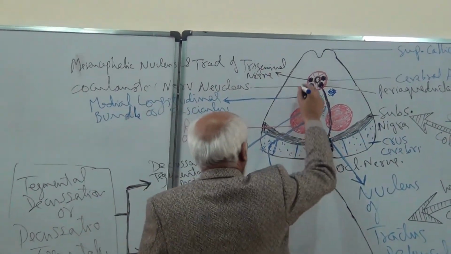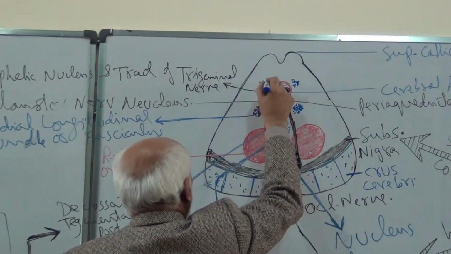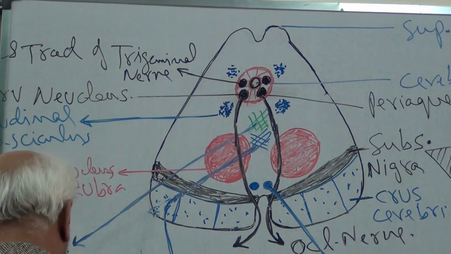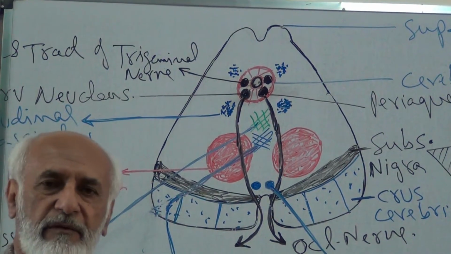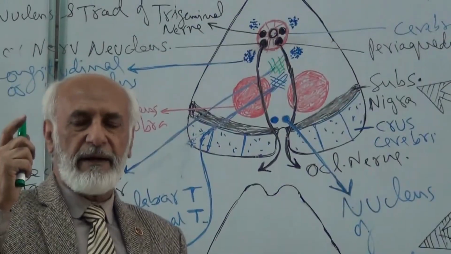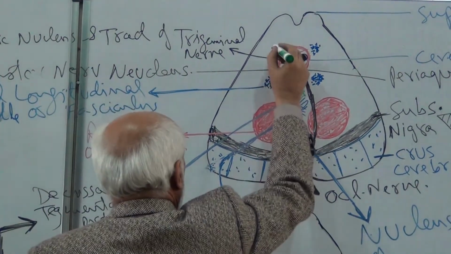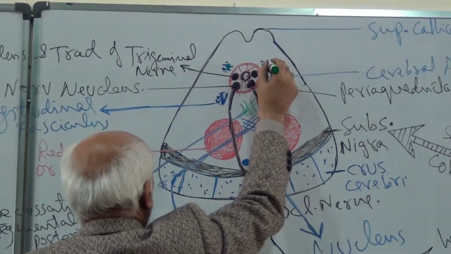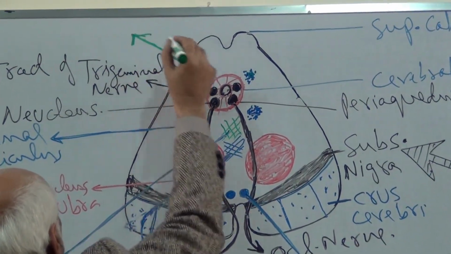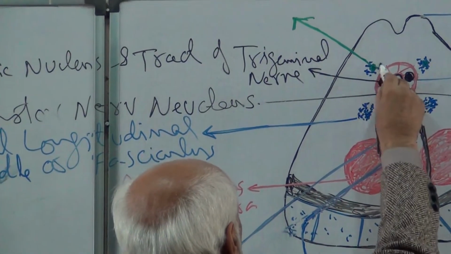among the fibers of this medial longitudinal bundle there is a nucleus. Amongst the fibers of the upper end of the medial longitudinal bundle, which lie close to the upper end or initial part of the cerebral aqueduct, there is a nucleus embedded among the fibers of the medial longitudinal bundle.